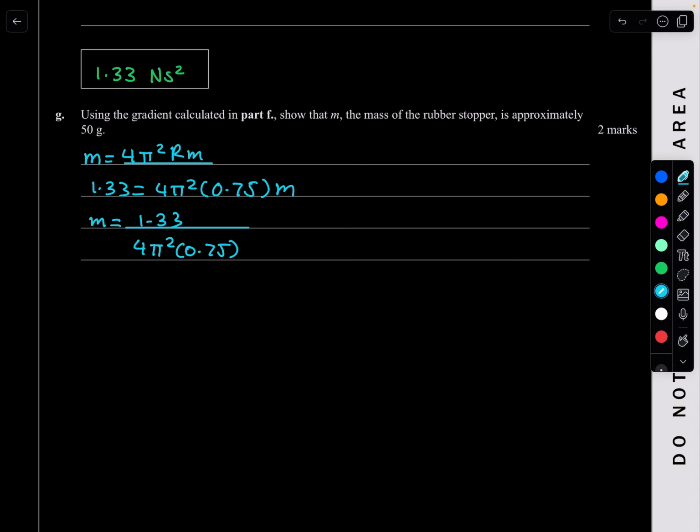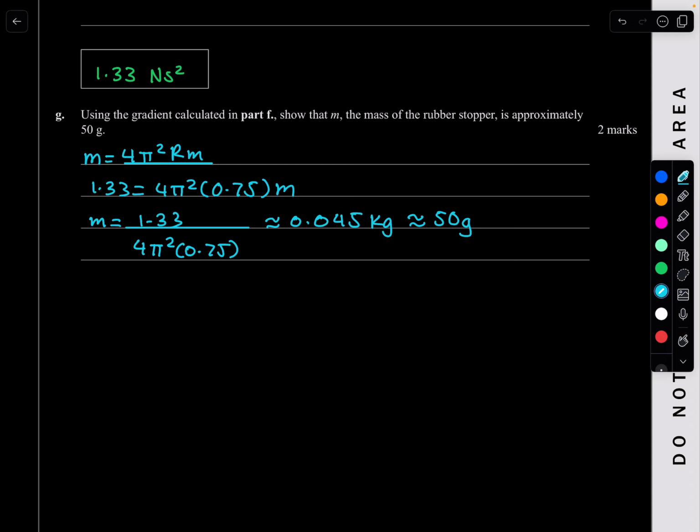That gives me approximately 0.045 kilograms, which times 10 to the power of 3 is 45 grams, which is approximately 50 grams, to round it up. So 50 grams, basically. Approximately that value there.